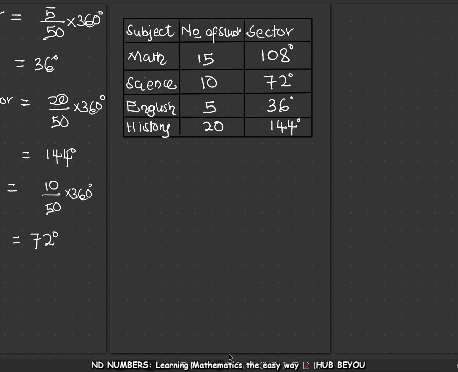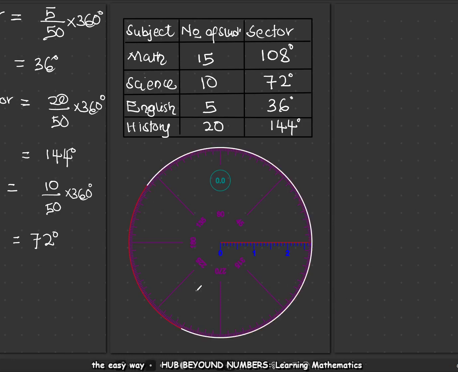Now, to draw our pie chart, the first thing we need to do is to get our circle. So this here is going to be my circle. It should be big enough so that you see all that you are going to label. And then I'll draw my circle.